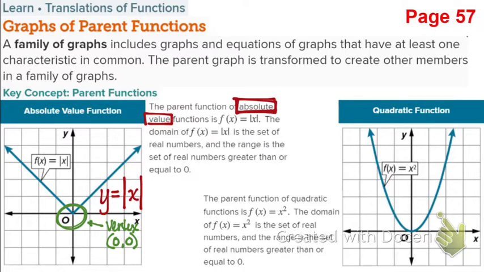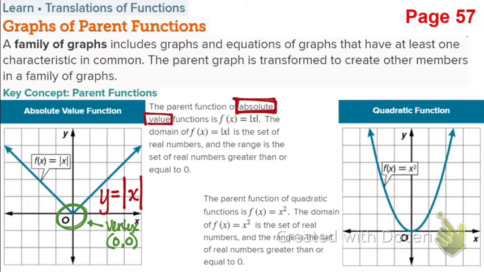That is our parent. Any other V-shaped graph that I'm looking at, I would write it as a transformation of our absolute value. So we would take any other V-shaped graph and say, oh, it looks just like the parent, except it's been shifted to the left or to the right this much. It's been shifted up or down this much.